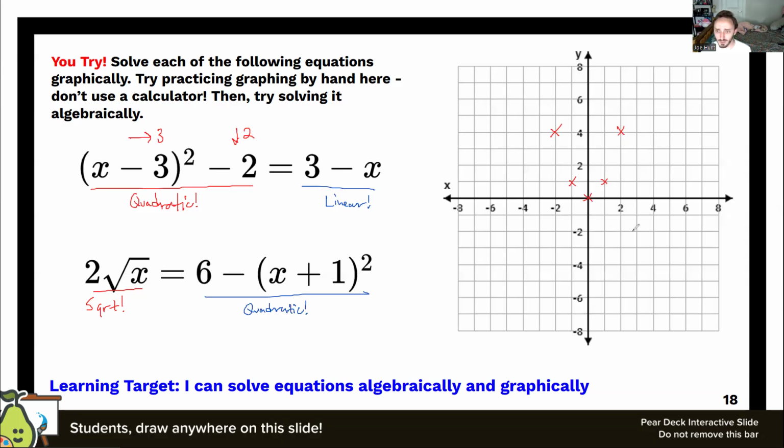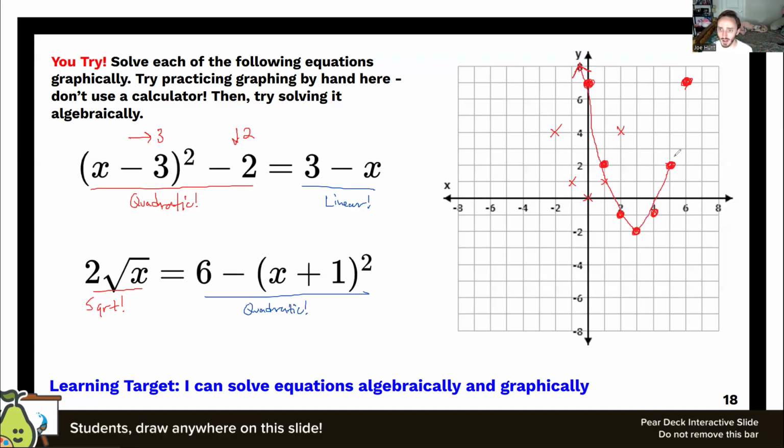So I'm going to use those to shift these coordinates around so that I know what the final graph ought to look like. So the x's are the original parent function's graph, and then from there, the solid red dots are going to represent my final quadratic for the red highlighted portion.